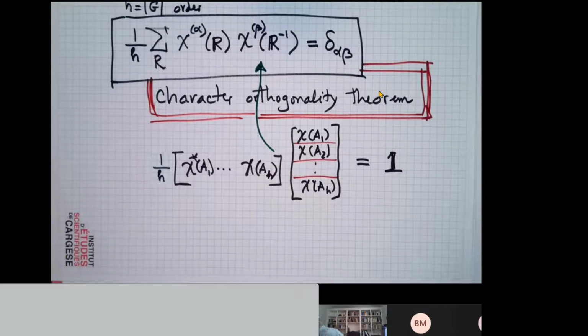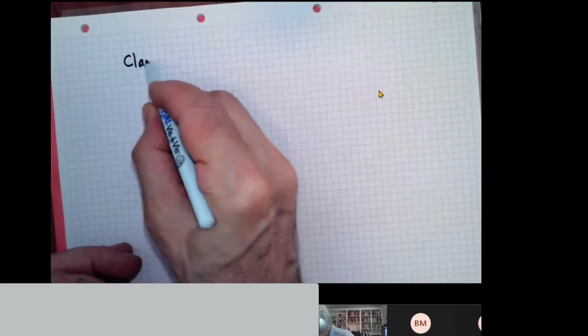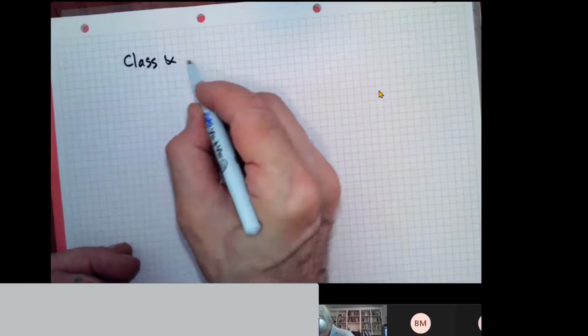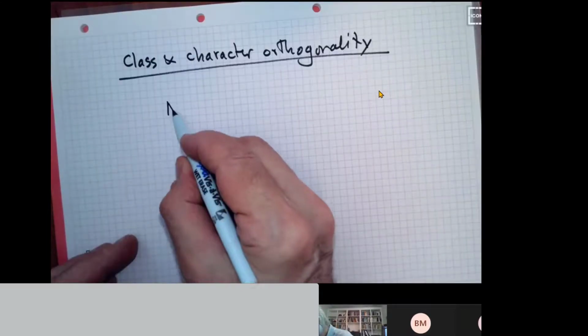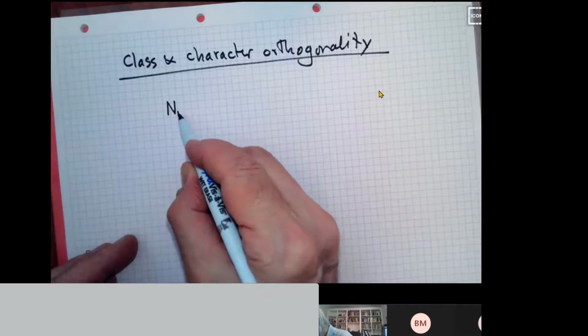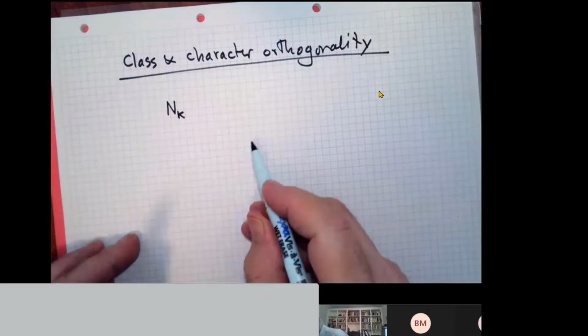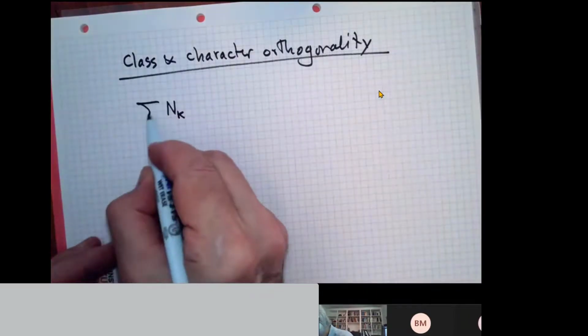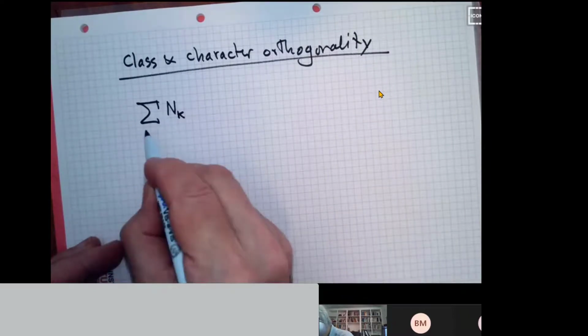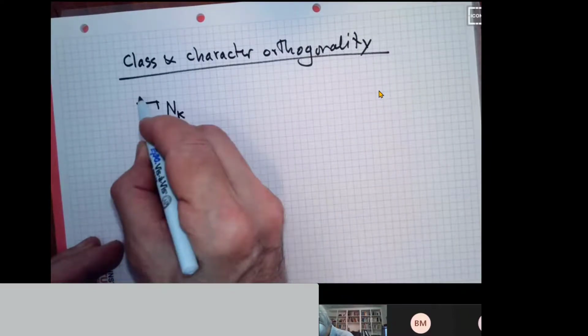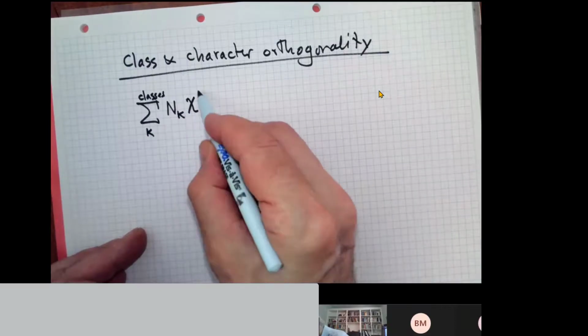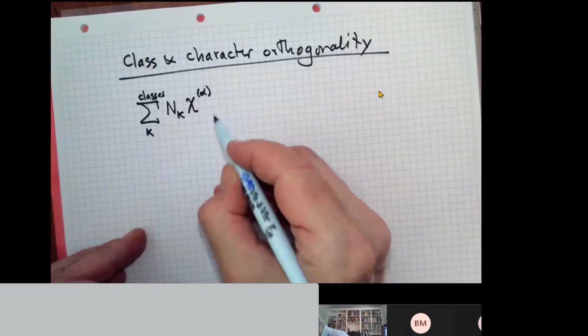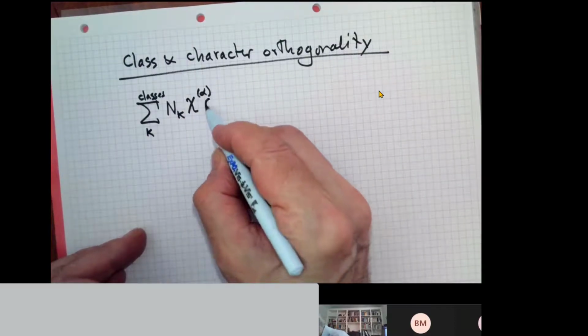So the other version, which is used more often, of the same theorem is in terms of class and character. If I take the number of elements in the kth class, so k now runs not over group elements, but over classes, compute the character for each class.